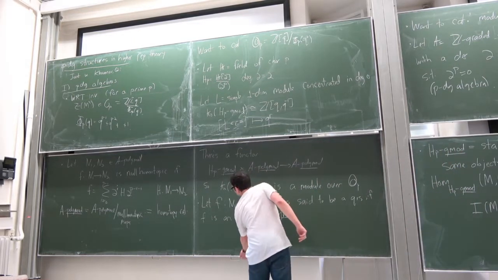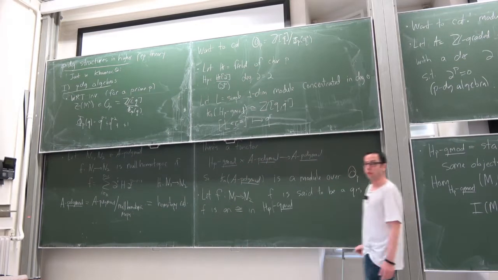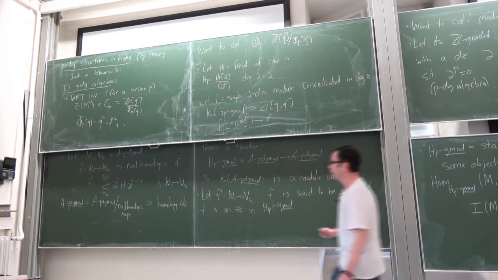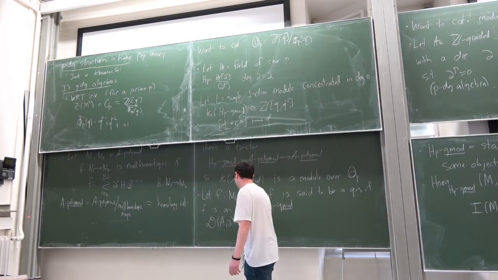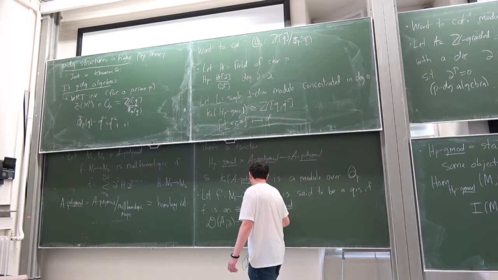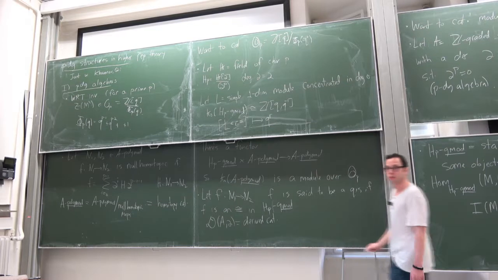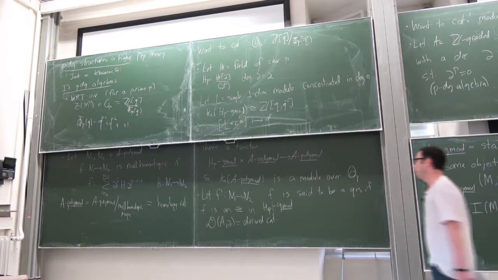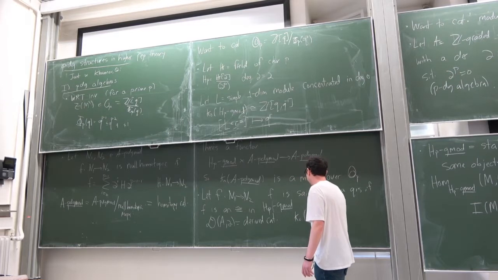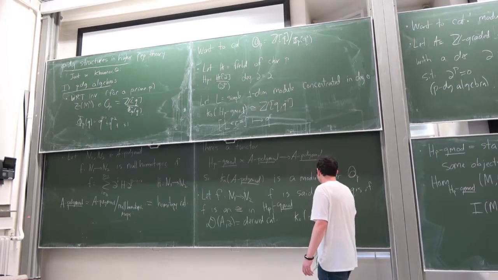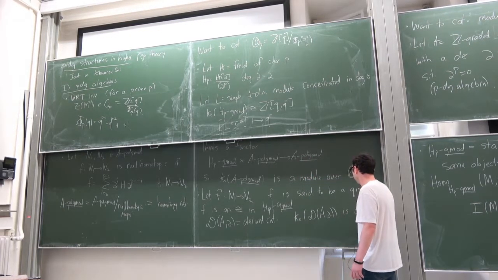And then these quasi-isomorphisms form a localizing class. And so then we could let D(A) be the derived category, so you invert all quasi-isomorphisms. And just as before, the Grothendieck group of this derived category is an O_p module.